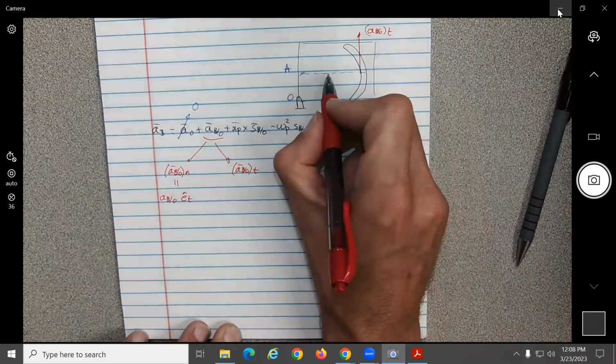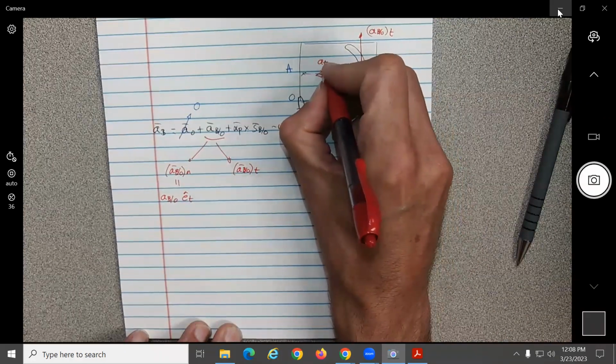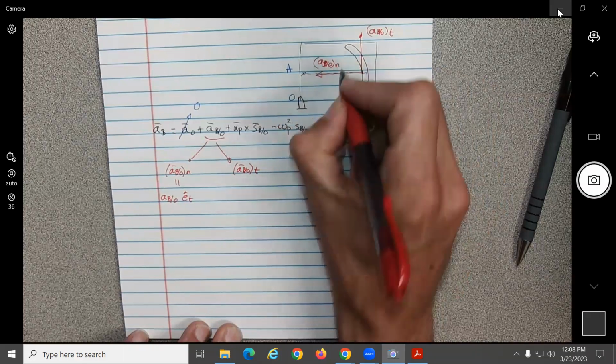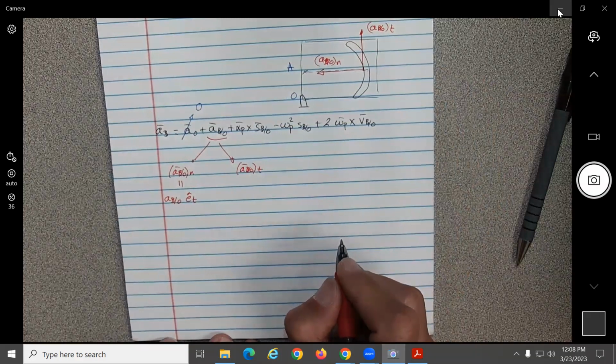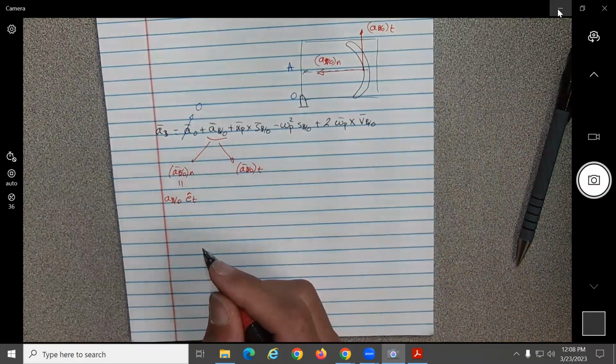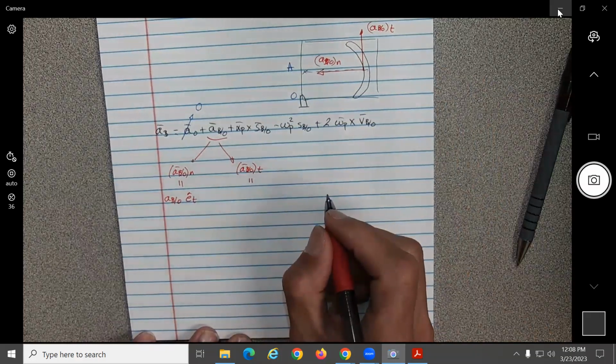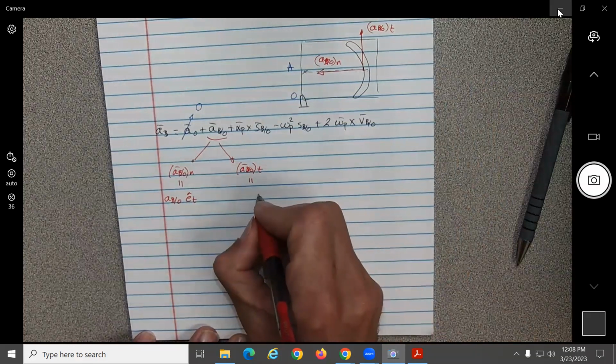Now, what about this one here? The acceleration of P with respect to O, normal. It should be pointing down, no? Once again, we can know the direction.